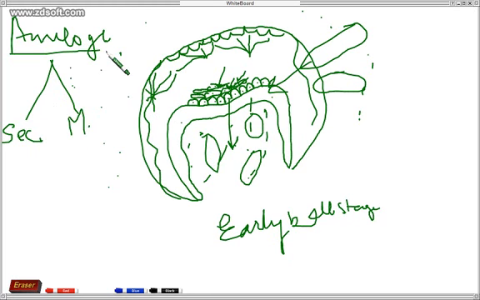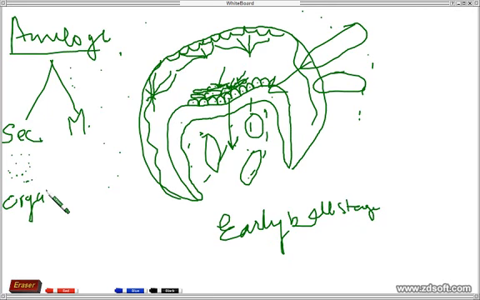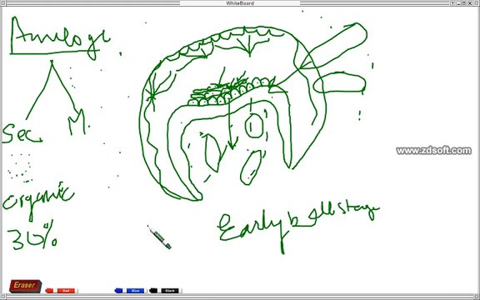In amelogenesis, first it will secrete the enamel matrix. That enamel matrix is majorly organic matrix. It doesn't have many hydroxyapatite crystals. It is just 30% mineral content, or hydroxyapatite crystals. So it is just 30% mineralized.